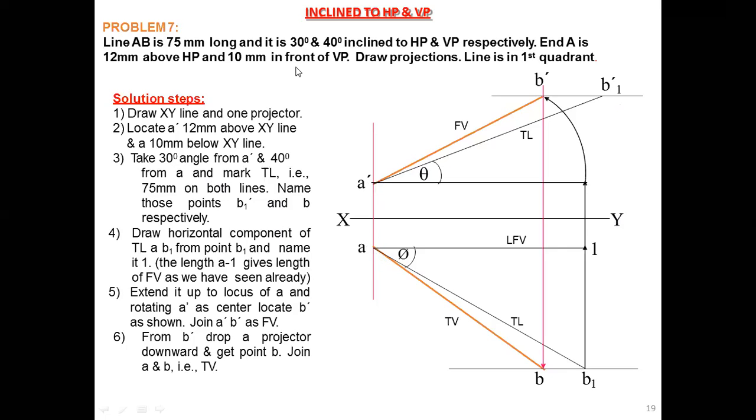I repeat once again. 30 degrees to HP means that we can see it in VP. The line is inclined at 30 degrees to HP. Where can we see it when you are looking from the front view? Where is the front view? In VP. Clear?